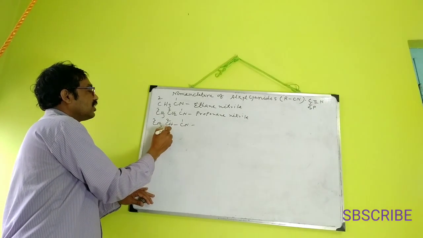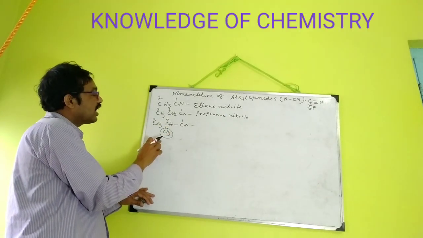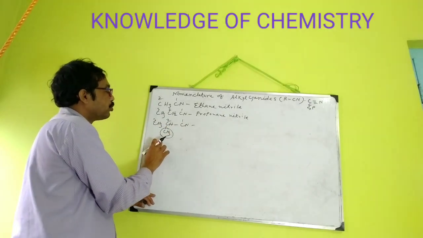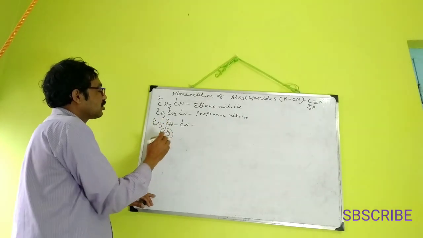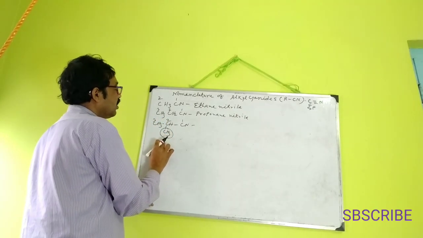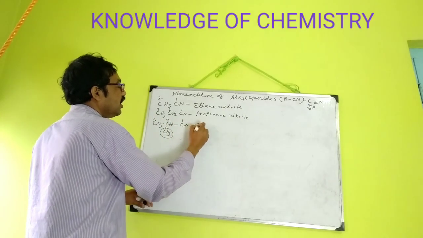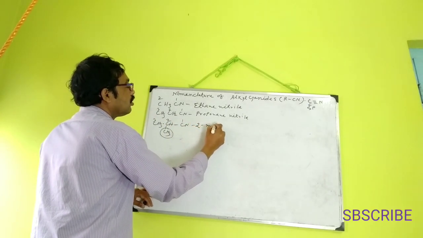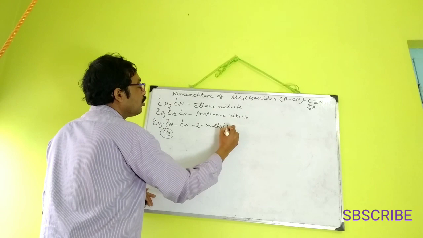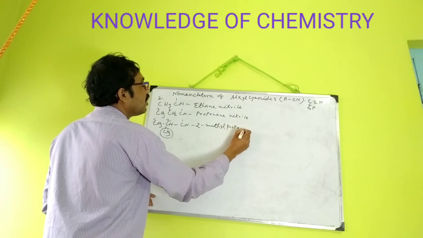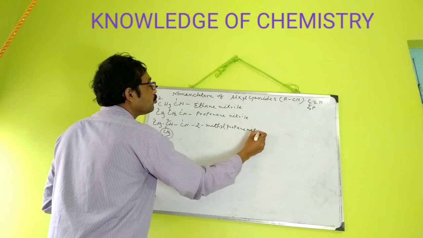This CH3 is considered as a substituent or branch. So 2-methyl and then propanenitrile: 2-methylpropanenitrile.